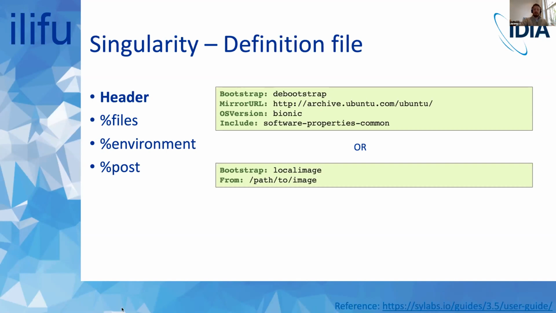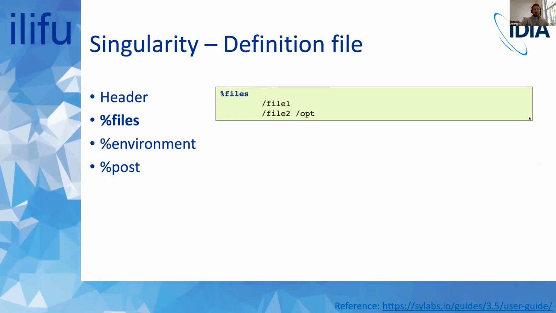The files section of a recipe is where you describe files that you want copied from your underlying operating system directory structure into the container. This step will occur before the installation, which would occur in the post section.